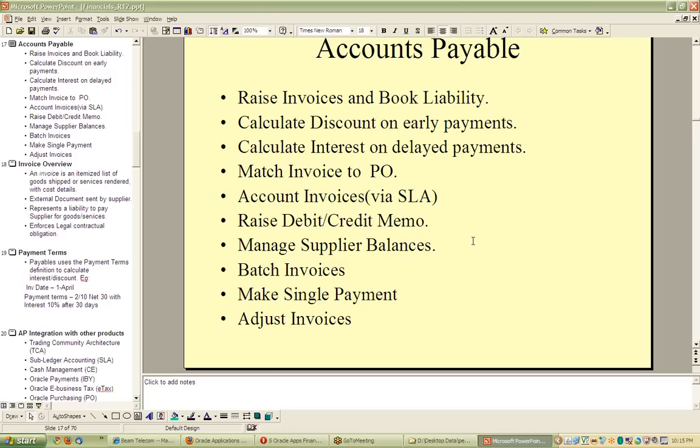Now at the time of invoicing, if the supplier has sent you an invoice for say 120 units at 120 per, let me open an Excel.